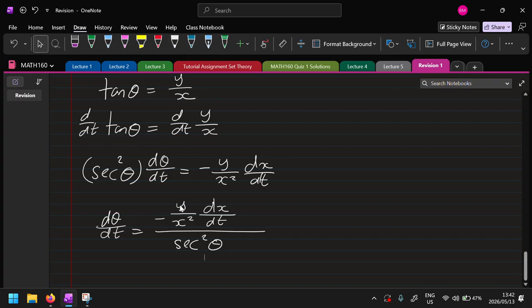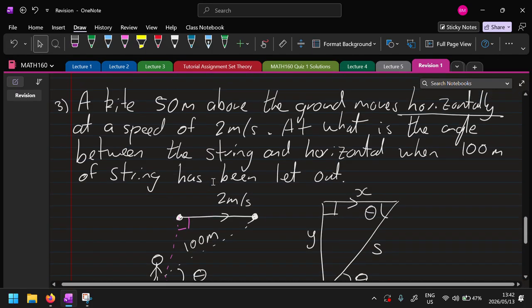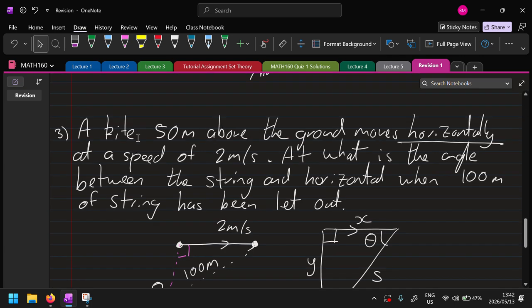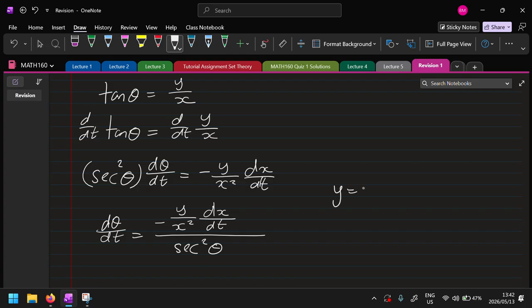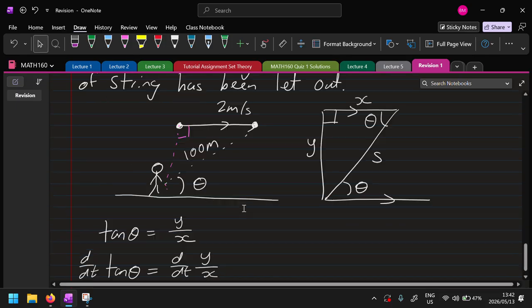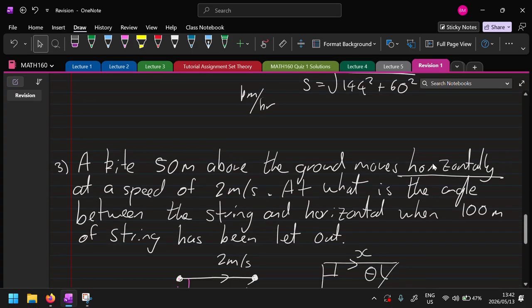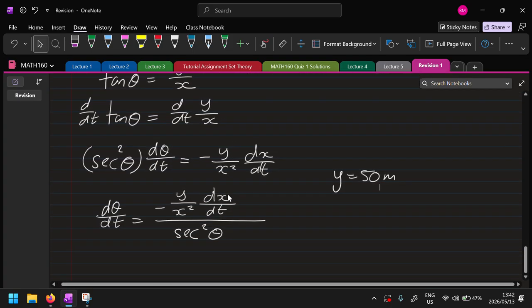So let's go through. So y, are we given that? Yeah, 50 meters above the ground. That's the height y. Okay, so that's fine. dx by dt. Yep. Horizontal speed, so that's dx by dt, is 2. So we know that one.